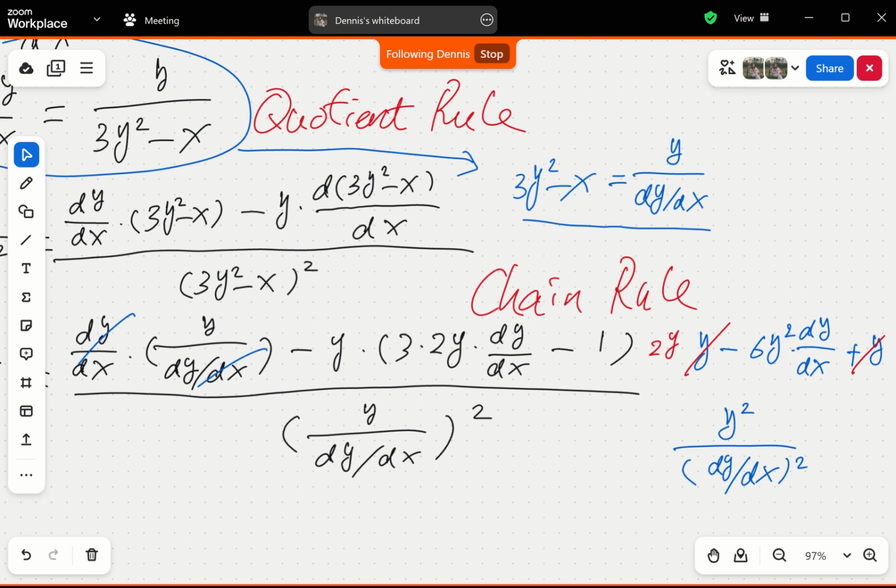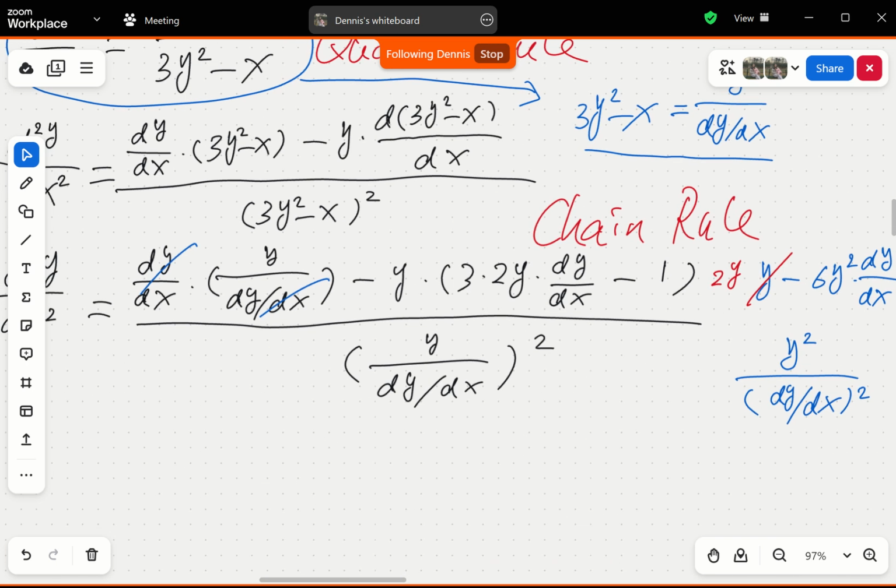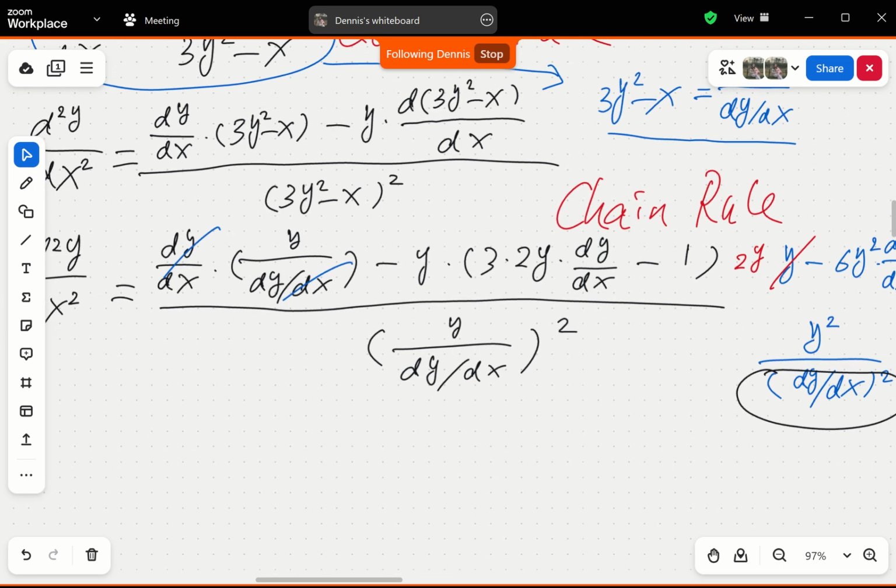So we continue to simplify the expression by multiplying both the numerator and denominator with dy with respect to x squared.